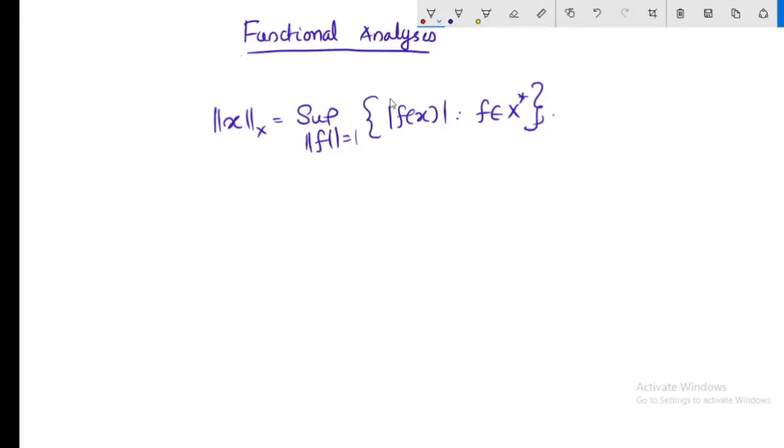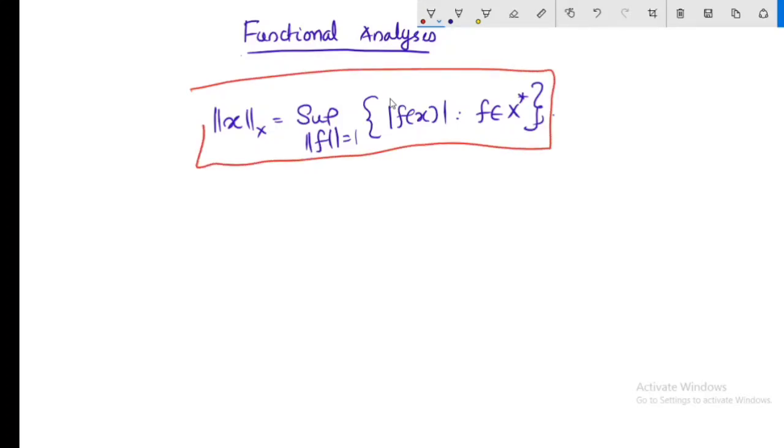So our result is this one. In the next class we will start our next section, dual operators.